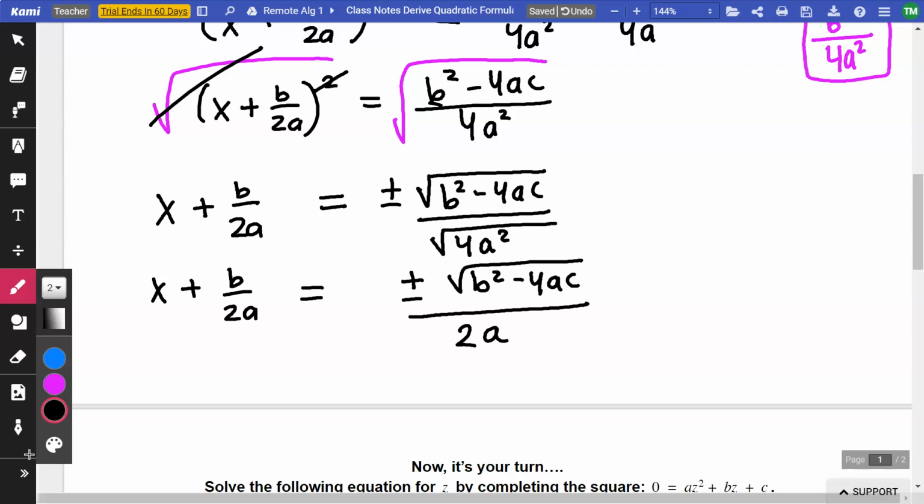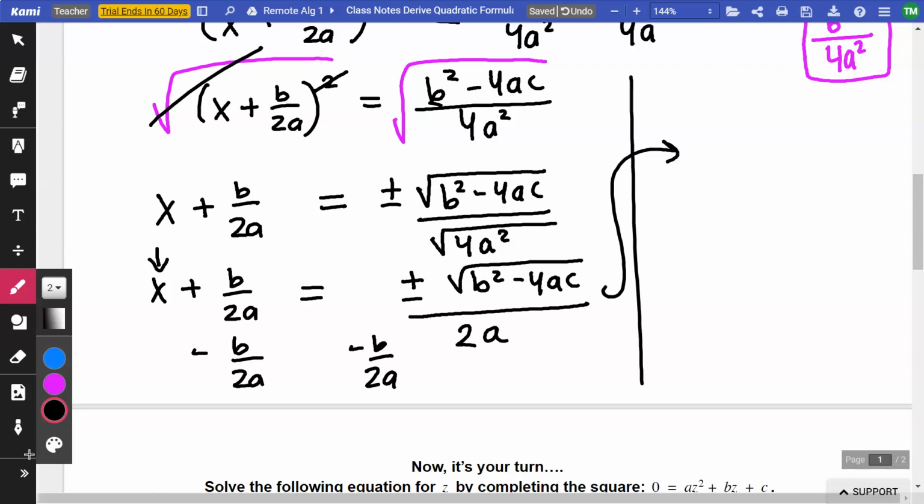Now, we are ready to solve for x completely. So we still want to get x by itself. To do that, we're going to subtract the b over 2a to both sides. I'm going to come up here. So x is equal to b over 2a minus itself cancels. And then on this side, the right side, we're going to have negative b over 2a plus or minus.